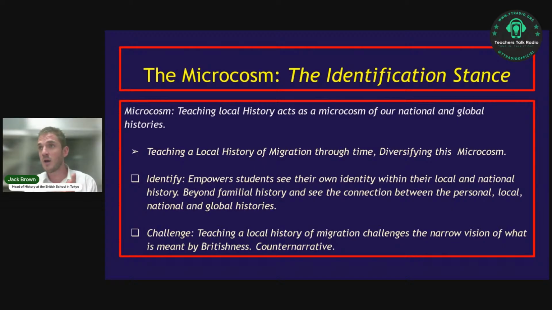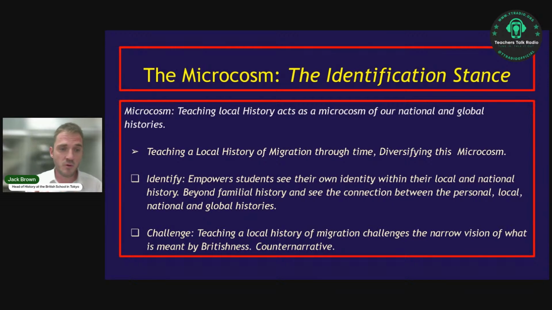I think the advantage of doing this is it gives students a physical, tangible place for them to engage with the second order concepts of change and continuity, but it's also something that resonates with them a lot more. And again, it gives them a physical place to engage with the substantive concepts of migration and diversity.